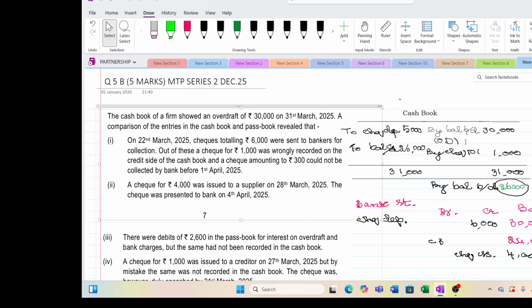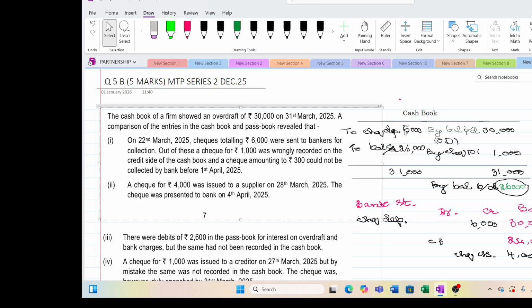For time saving, I have written here. In case of overdraft, the cash book balance will be shown on the credit side. All of you know that. By balance brought down, let us take it. This is the balance, 30,000. And actually, they have deposited 6,000.